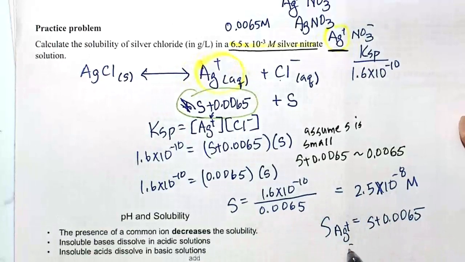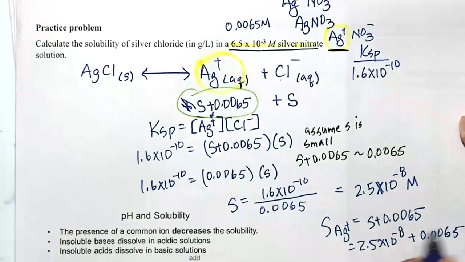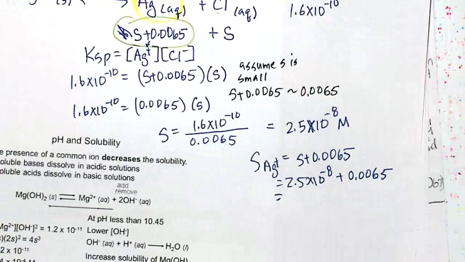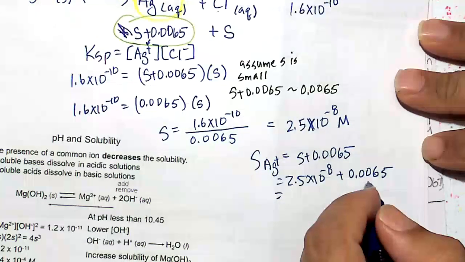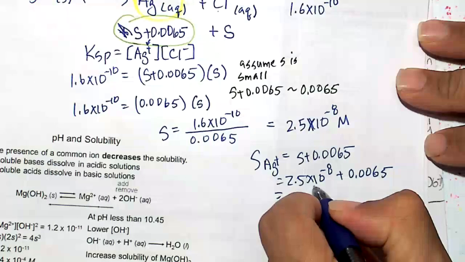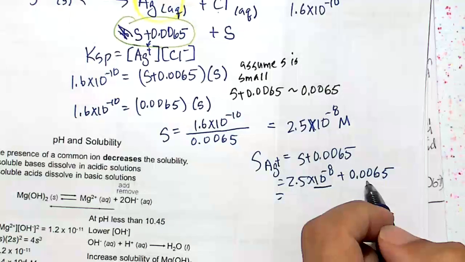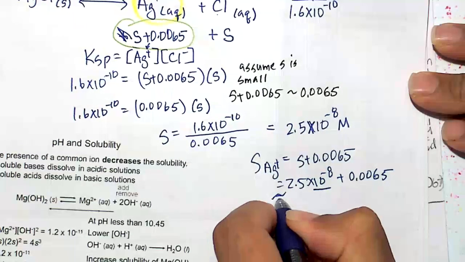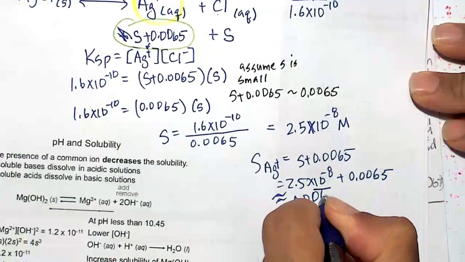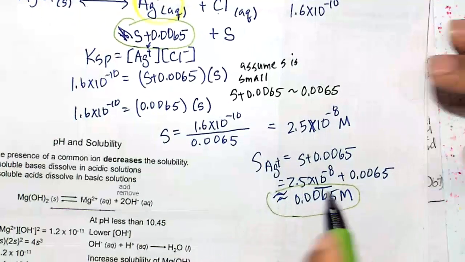Solubility S is 2.5 times 10 to the minus 8 plus 0.0065, and that is about 0.0065. 10 to the minus 8 is really, really small, so this is going to be about 0.0065, because of the common ion.